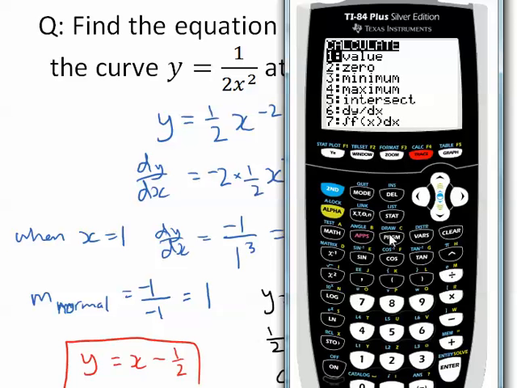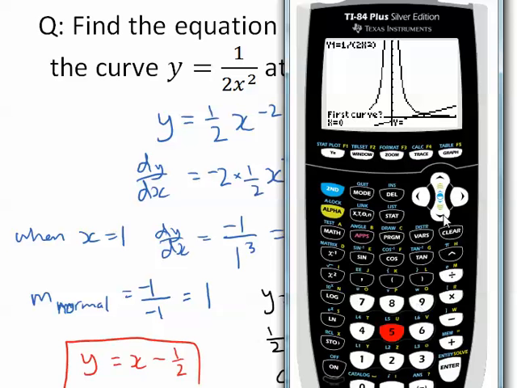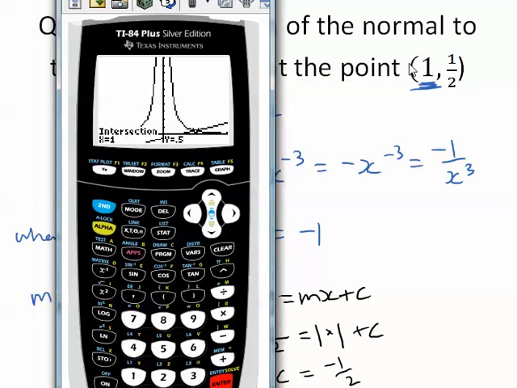So we can calculate the intersection between this curve and the other curve, which is that one. And then we're guessing that they cross around there. And it says that x equals 1 and y equals 0.5. Which, if we compare that to the original point, is the same. So that's the coordinate where we wanted them to cross.